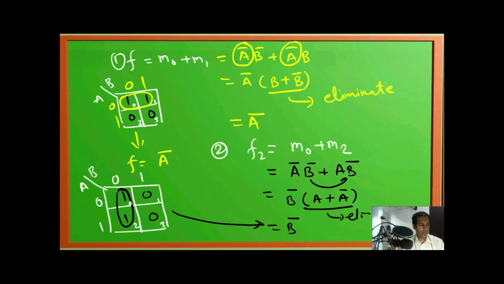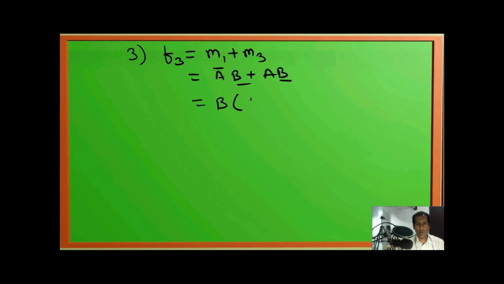Then similarly, for a third possible condition, say we have one function f3, given as m1 plus m3. We can write it as A bar B plus A B. Here B is common, we can take B common.